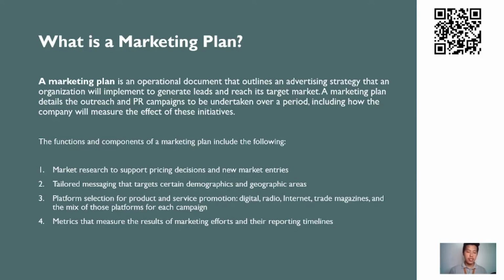The platform selection for product and service promotions, which of course includes digital, radio, internet, trade magazines, and a mix of those platforms for each specific campaign, depending on what particular segment of the market you are trying to target. The metrics that measure the result of marketing efforts and their reporting timelines.